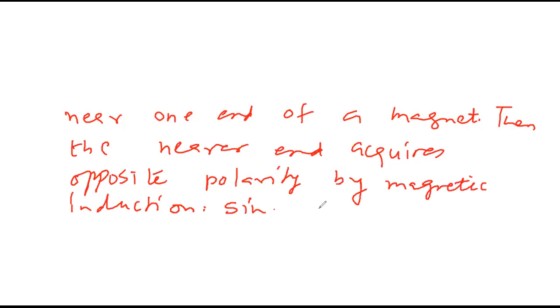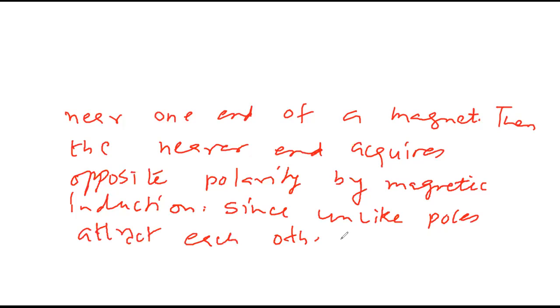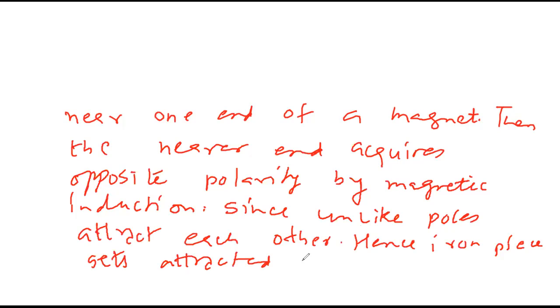Since unlike poles attract each other, hence the iron piece gets attracted towards the magnet.